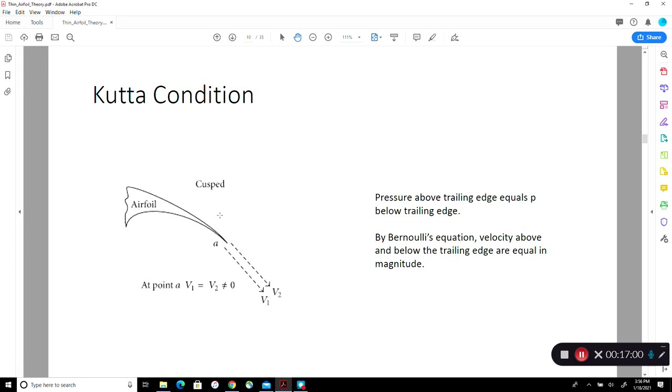The only way they could reach a trailing edge is if the trailing edge becomes a stagnation point. Therefore, if the trailing edge has a finite angle, the velocity magnitude would be 0. But if the trailing edge has a 0 included angle, a so-called cusped trailing edge, there's no reason for the velocity to be 0. They could be equal. They could be going this way.